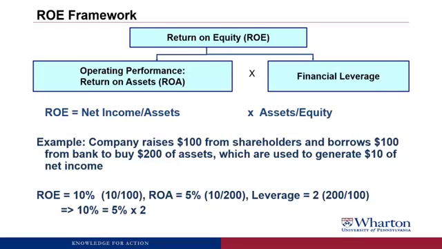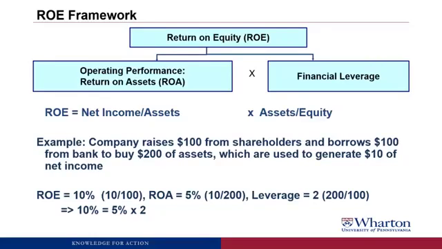So anyway, an example would be a company raises $100 from shareholders by issuing stock and borrows $100 from a bank. So we raise $200 total, $100 in equity and $100 in debt. We use that $200 to buy $200 of assets. Then we go and run the company, and we're able to produce $10 of net income by using those $200 of assets.